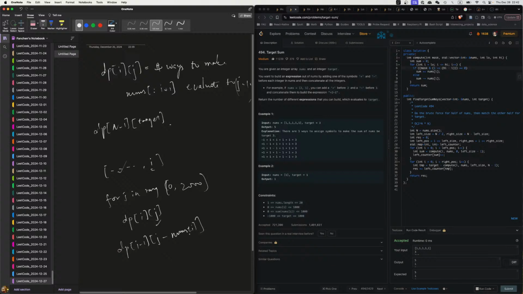Then we add the current, or it shall be dp[i minus 1][j plus nums[i]]. So this is the previous, plus current, minus current, and you add them together.